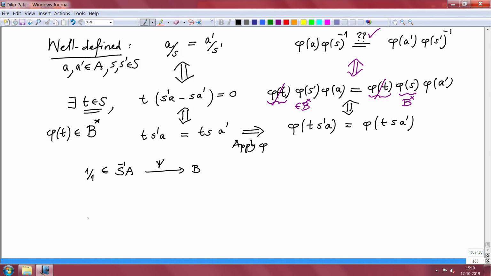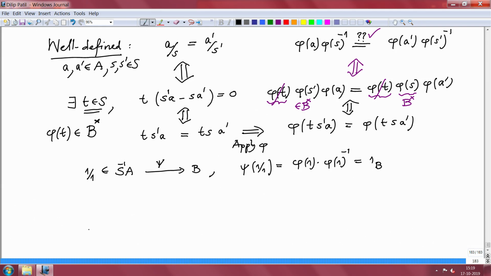By definition, psi of 1 by 1 equals, remember, phi of 1 times phi of 1 inverse. But phi of 1 is 1 itself, so this is equal to 1 in B. Therefore it maps identity to identity.